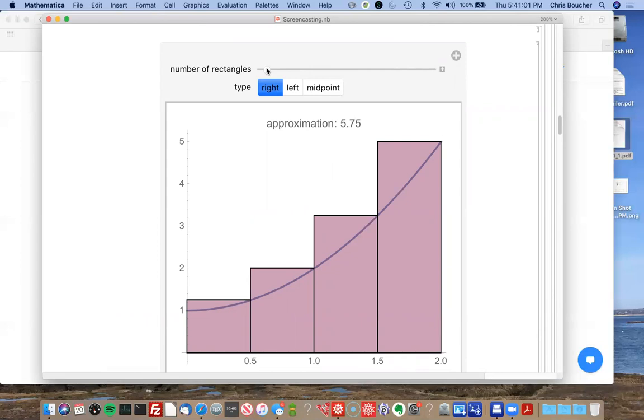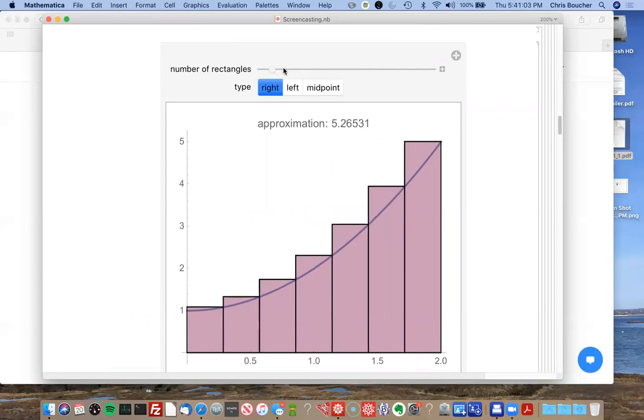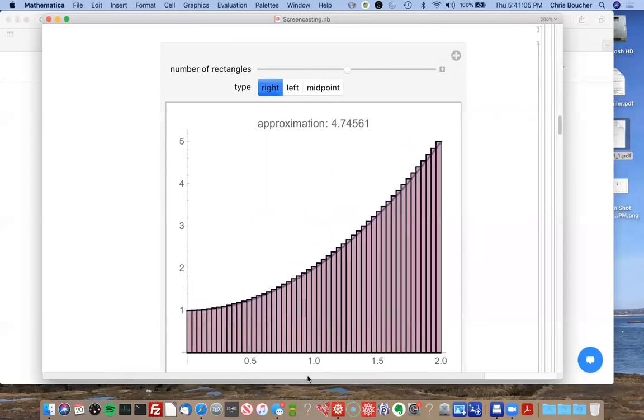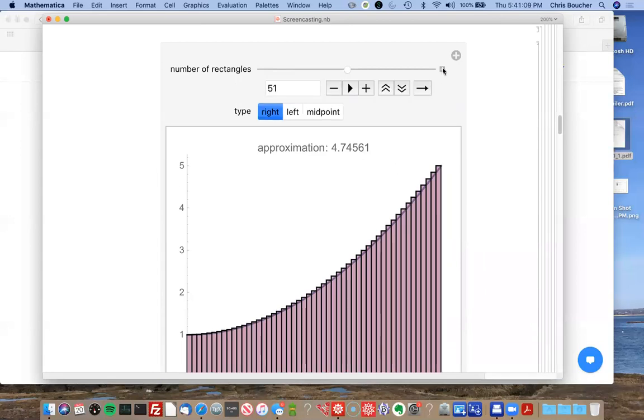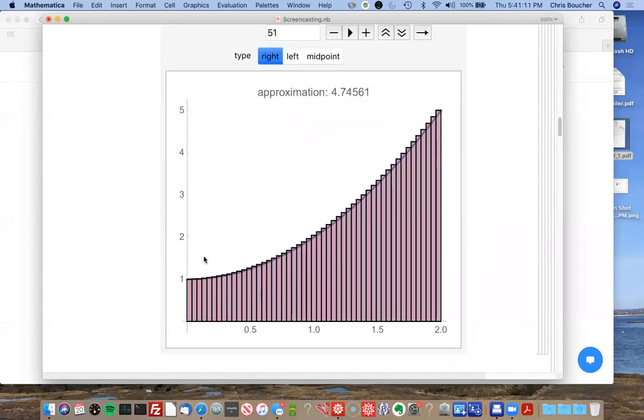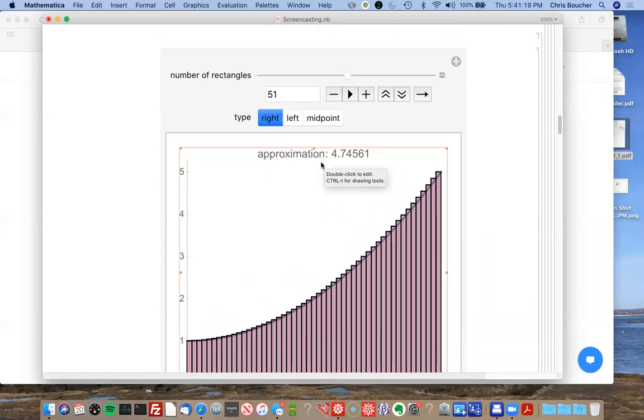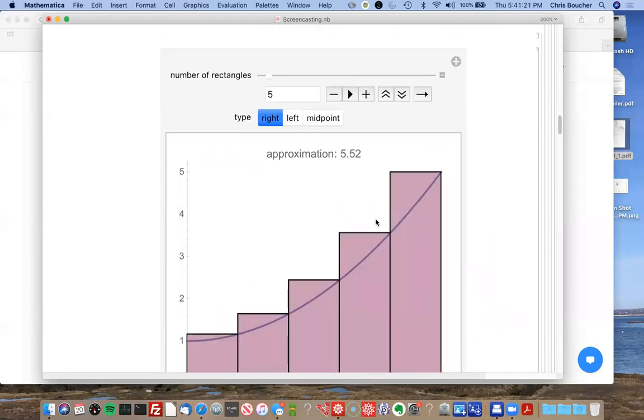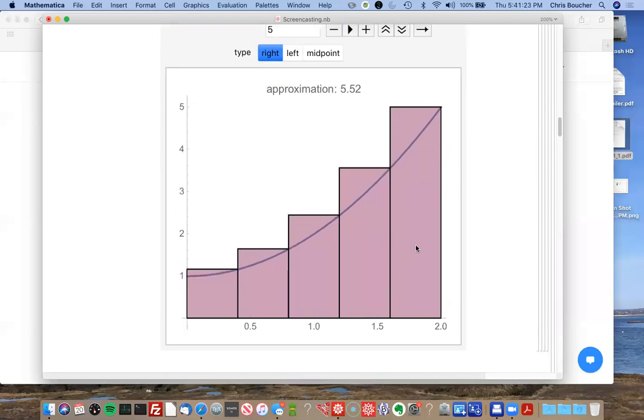If I increase the number of rectangles, and the magic of a computer is that I can do this really quickly, here I have 51 rectangles. The thing that I would have you notice is that the area under the rectangles is very close to the area under the curve. So this is promising, right? When we do only a few rectangles, this is 5 rectangles, I can see the mistake.